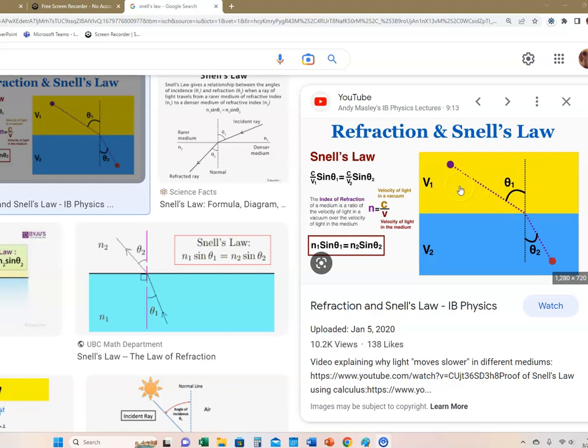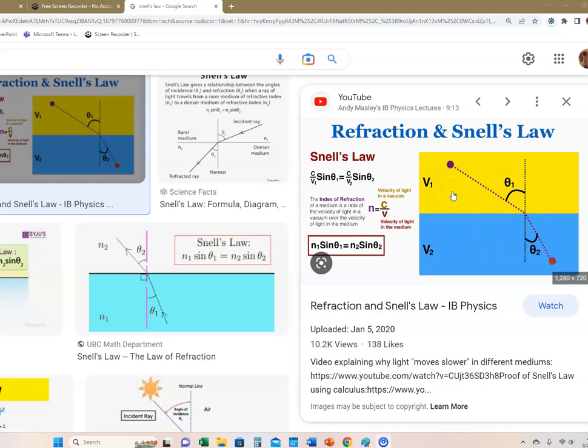Let's say this is air, for example, and this down here would be water. It doesn't have to be those two, but that would be a good example. The light comes in at some angle theta 1 with respect to the normal, and then it passes into the next medium, which let's say was water, and then because the light is slowed down in water, the index of refraction is higher.